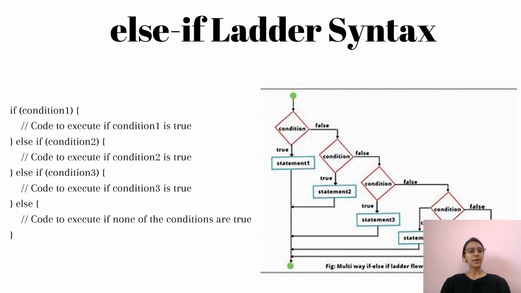Syntax: if condition 1, then this will be executed. If this is true, then this will execute. If this is true, then this will execute. If nothing is true, then this will be executed. Here you can see the flowchart of the else-if ladder.